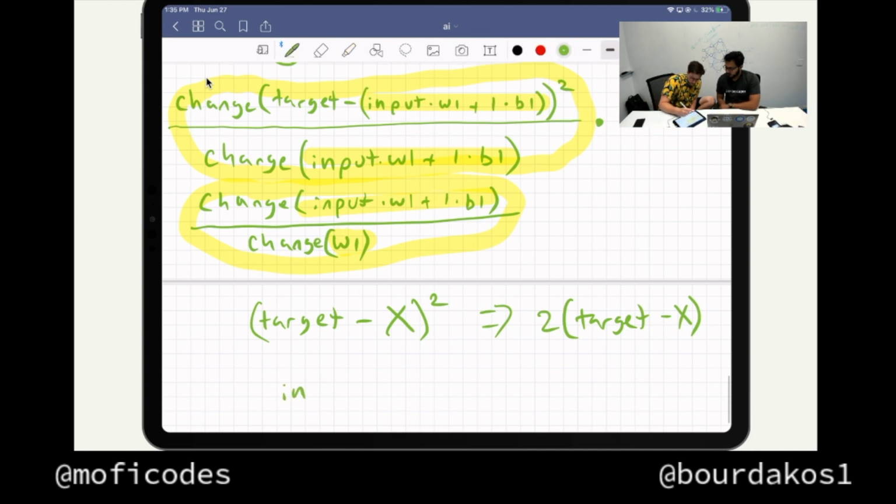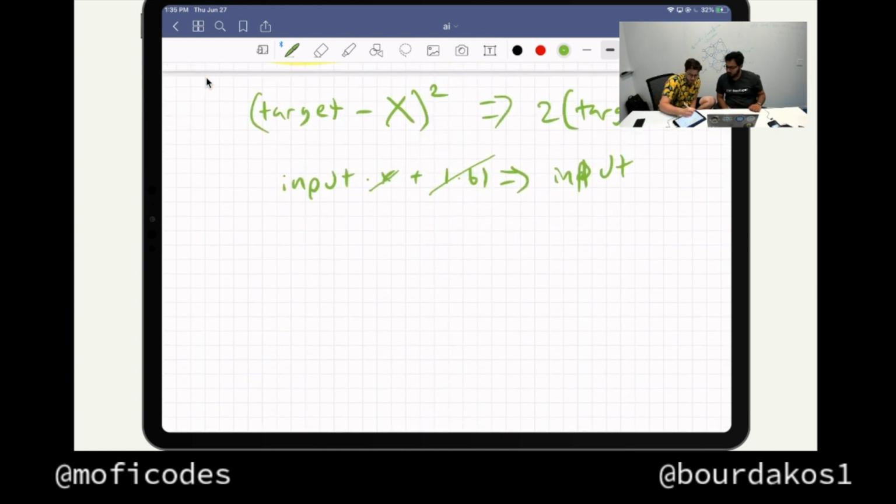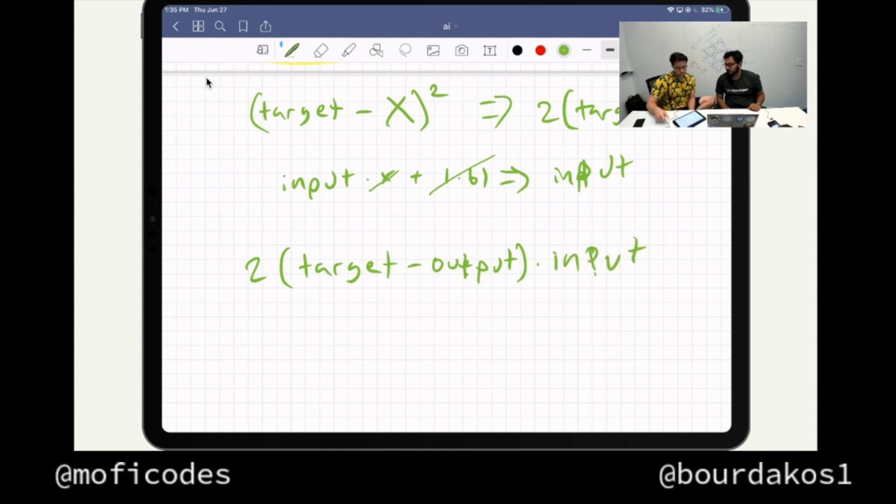So we're going to have input times x plus 1 times b1, and the derivative of that: this is a constant, so it goes away, and we just end up with x going away, just input. So the total derivative ends up being 2 times the target minus output times the input. So that's our cost function.